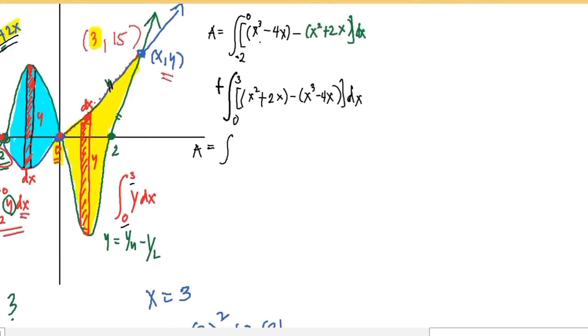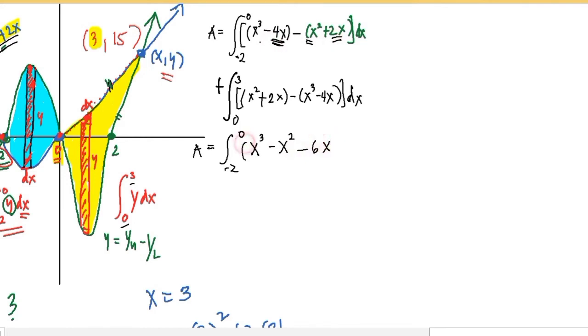So, we have here from negative 2 up to 0. And kung isi-simplify natin to, we have the x cubed. Ito, negative 4x minus x squared. X squared muna tayo. Sa x squared, that is negative x squared. Tapos sa x, negative 4x at saka negative 2x. So, negative 6x.